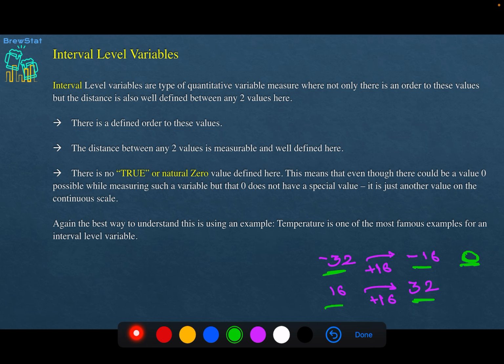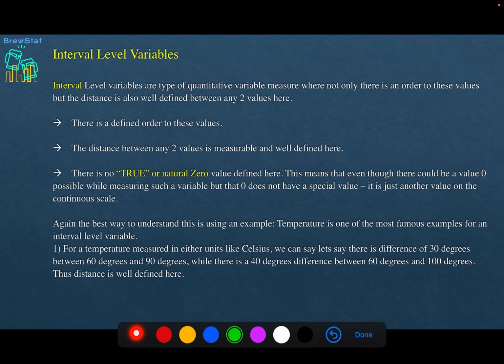It is not the ending value in any way, since we can go to negative values as well, and therefore these are called interval variables. Why are they interval? Because we are able to capture the distance between any two values, which represents the interval between the two values. So that is how you can remember the definition of an interval level variable.